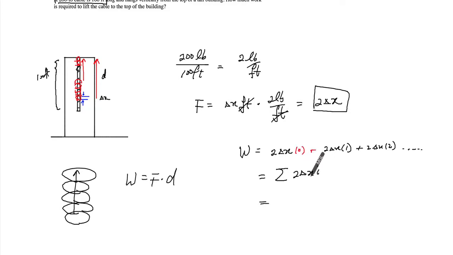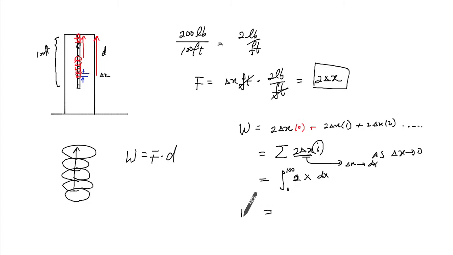And as delta x approaches 0, and these get really, really small, this is the same as the integral from 0 all the way to 100 of 2x, where delta x approaches dx, infinitely small, and i becomes your x, your counter. So that's how we're going to find the total work done.